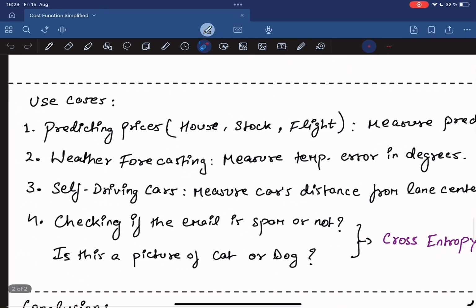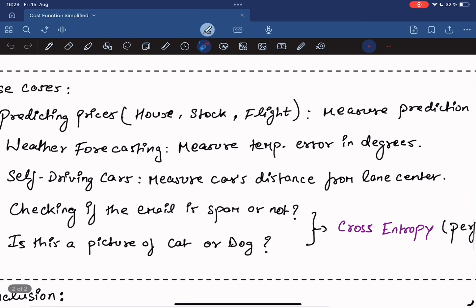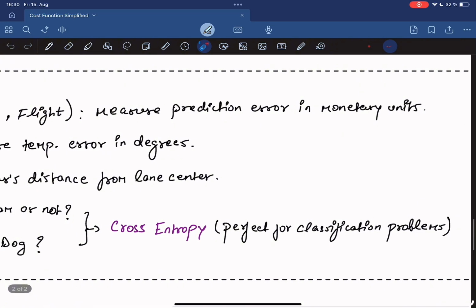Second would be weather forecasting, which measures the temperature error in degrees and shows how inaccurate a temperature prediction was. Third would be self-driving cars, which measures the car's distance from the center of the lane to guide steering corrections. Another example would be checking if an email is spam or not, or whether a picture is of a cat or dog, which will use cross entropy, a perfect example for classification problems.